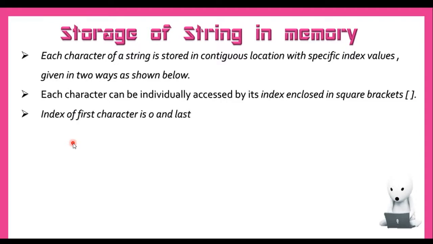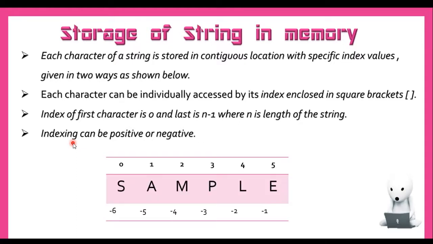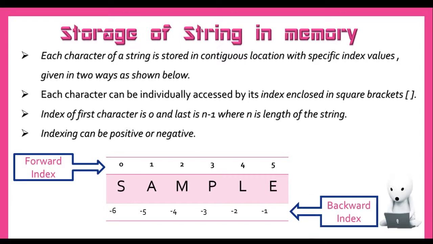The index of the first character is 0 and the last is n-1, that is, the length of the string minus 1. Indexing can be positive or negative, that means indexing can be forward or backward. Say if I am storing the value sample in a string, the top one is the forward indexing having positive values, and below is the backward indexing having negative values.